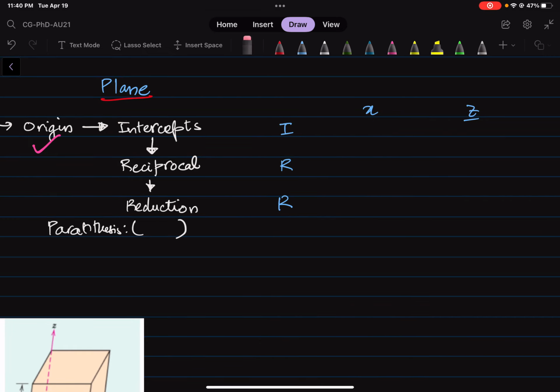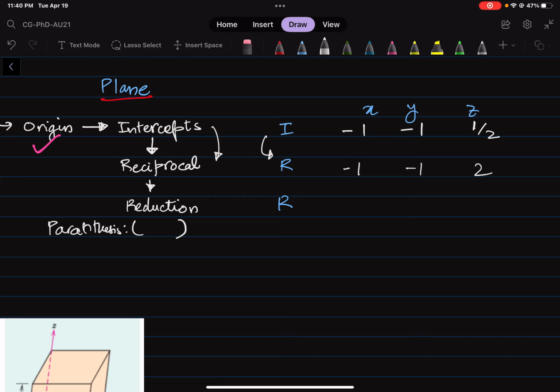So let's write the intercepts for x, y, and z. I'm gonna get rid of the bars. For x, we saw it as -1. For y, again -1. For z, it was half. So after intercept, you do reciprocal, right? Again, remember the steps. Intercept, reciprocal, reduction. This becomes -1, -1, 2.